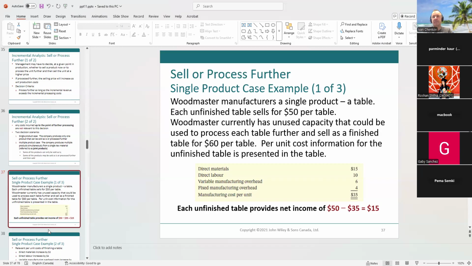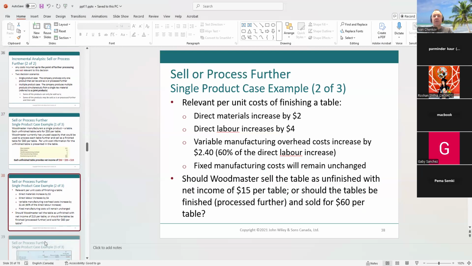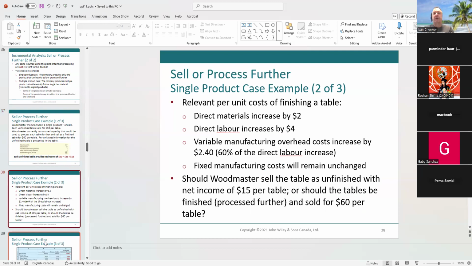Make sense? Now, the question is, should I go and process it further? What will be the relevant cost here? First, if I decide to move from unfinished to finished table, direct material is going to increase by $2. Direct labor is going to increase by $4. Variable manufacturing overhead costs will increase by $2.40.